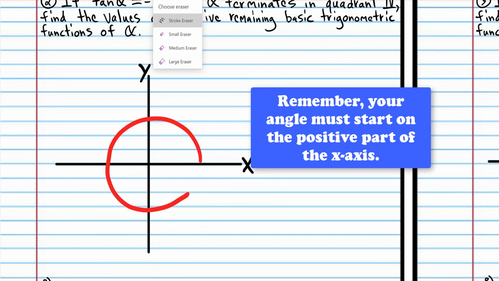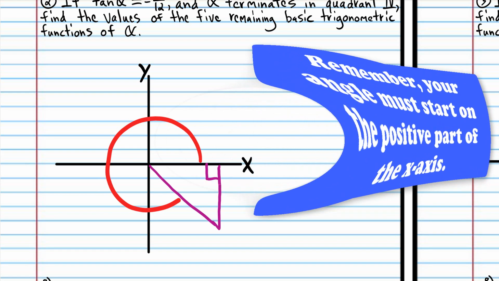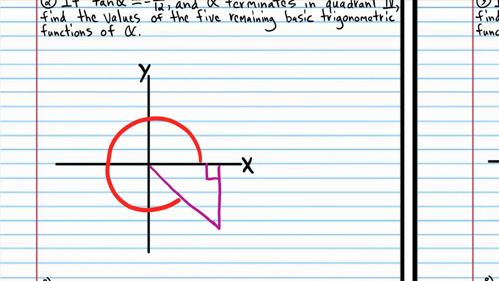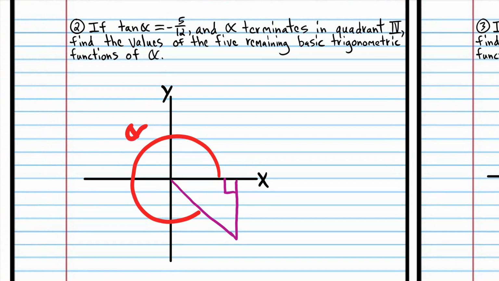We just know that it terminates in the fourth quadrant. So we're just going to draw a generic triangle. Doesn't have to be the exact side lengths that we need, just some generic triangle. And this red angle is alpha. And the reference angle, of course, is the green angle.